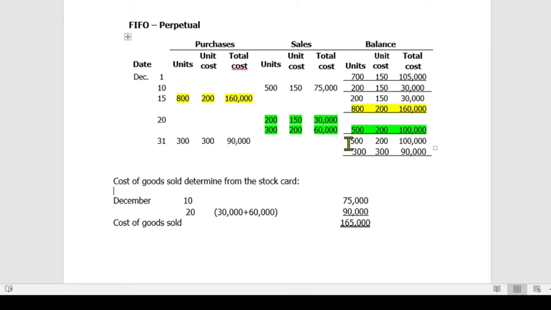So, idadagdag mo lang yung column na yon dito sa yung stock card. So, ayan. Idadagdag mo lang yan sa yung stock card. Okay. So, the question is, how do we determine the cost of goods sold under the FIFO perpetual inventory system? Gamitin mo yung stock card mo.